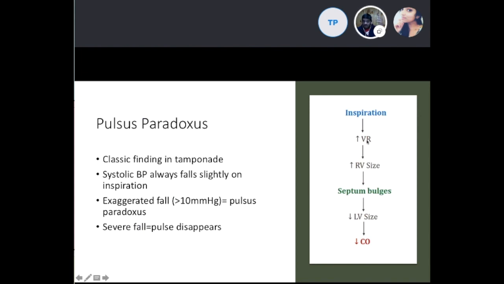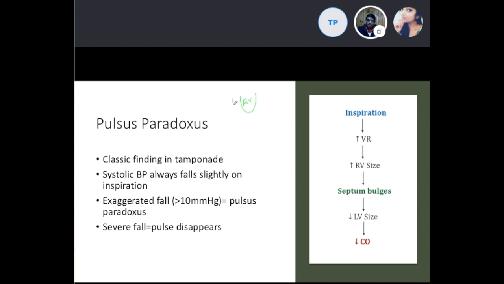This is how I kind of put it all in my mind. When you have an inspiration, you get increased venous return. So what would normally happen is your right ventricle will increase in size. However, I think it's good to draw this. So this is your right ventricle.